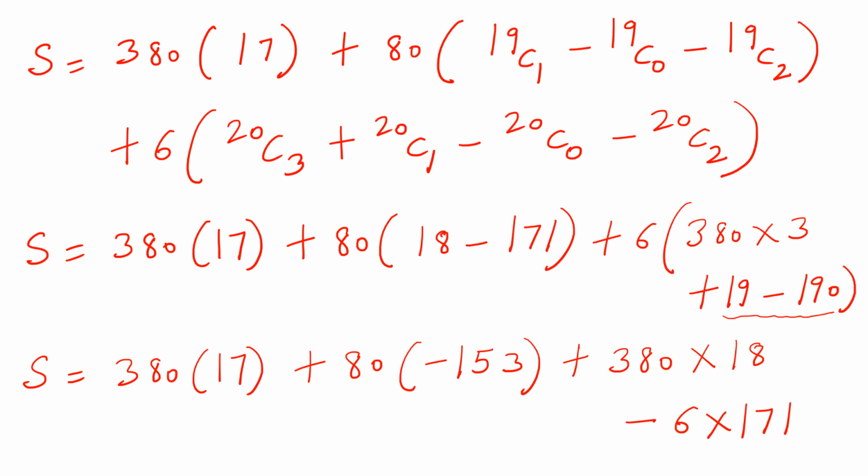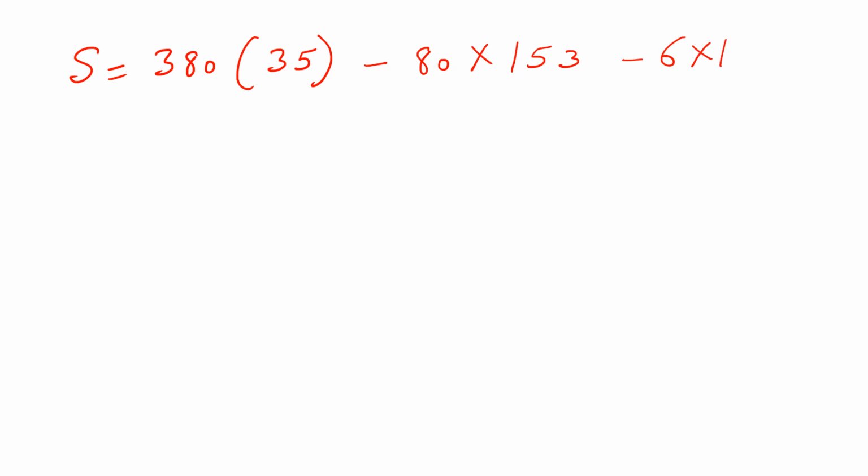Now students, just to make the calculations easier, just combine these two terms and take out 380 common. Now S becomes equal to 380 into inside the bracket 18 plus 17 and this is 35 minus 80 into 153 minus 6 into 171.